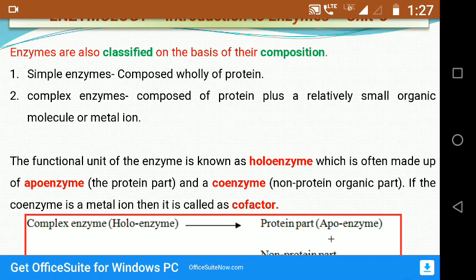That is called an enzyme that specifically catalyzes a specific reaction and binds a specific substrate. So there are two different kinds of enzymes based on their composition.